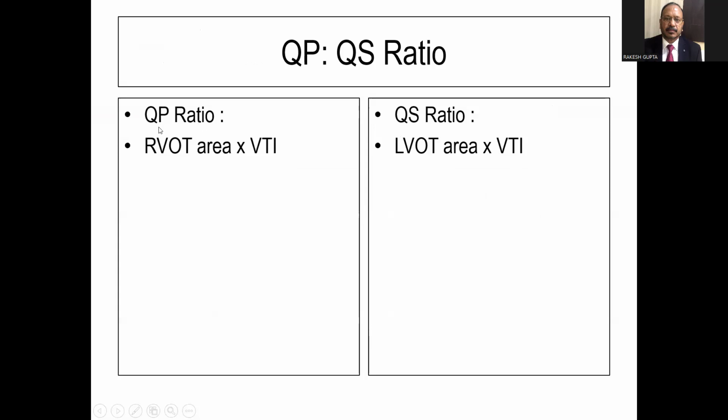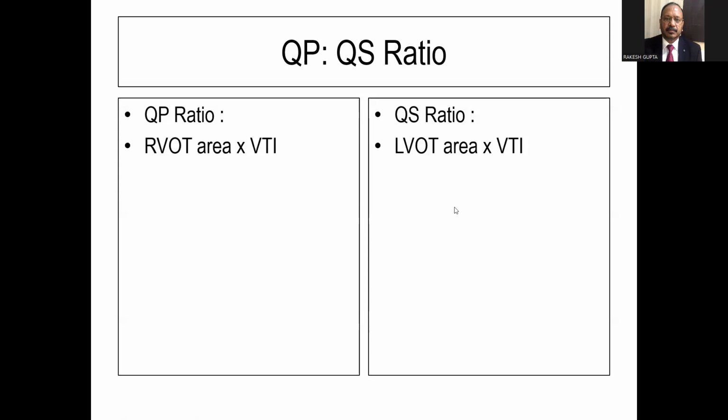We go to parasternal short axis view at aorta, go to RVOT, calculate the RVOT diameter, get an area, multiply by VTI, and you will get the stroke volume at the level of pulmonic artery.